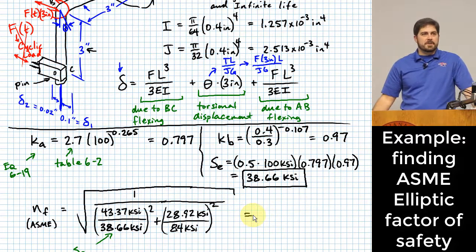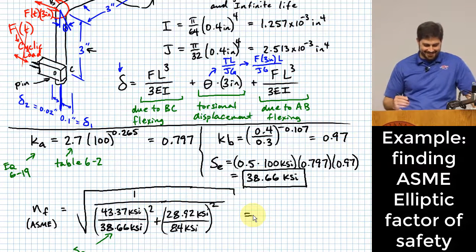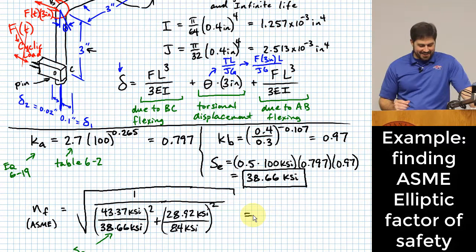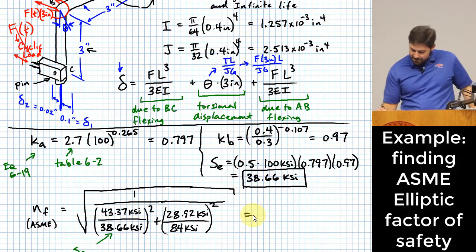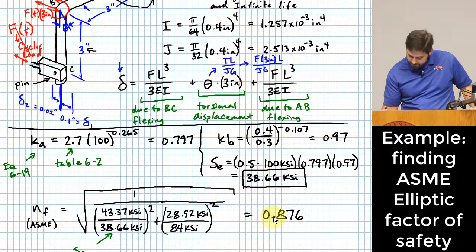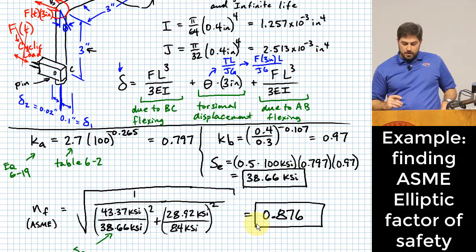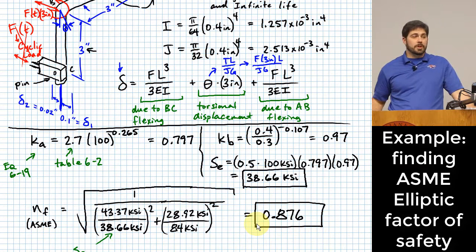And what's our factor of safety? Come on, you can't do that in your head? All right. The factor of safety comes out to be 0.876. Which begs the question, will it last forever?